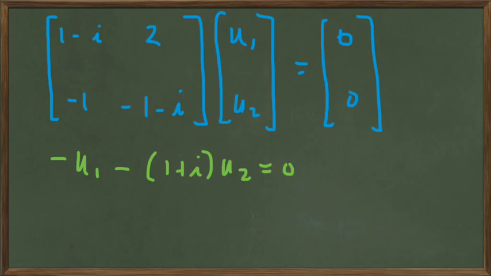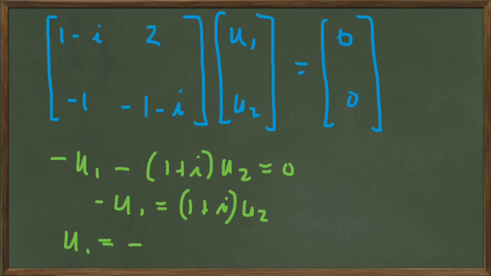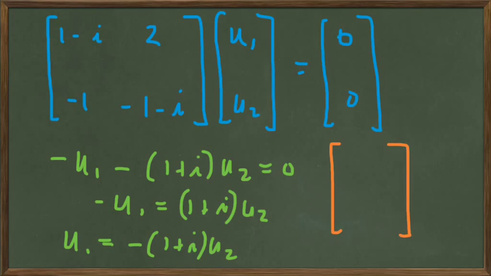That's the same as minus u1 equals 1 plus I u2, or u1 equals minus 1 plus I times u2. And remember what we're doing when we find the eigenvector is we just need the relationship between the u1 and the u2.